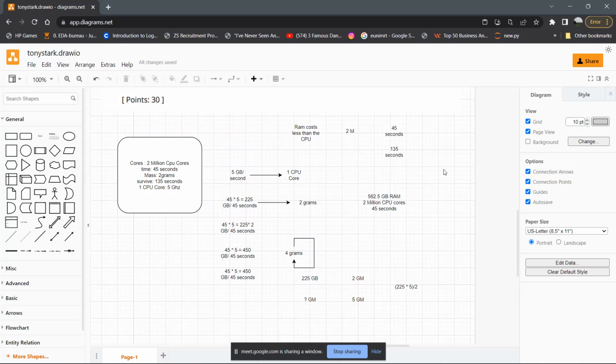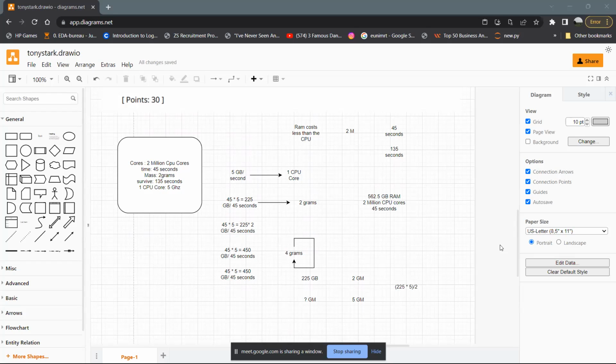So if I understand, it takes 45 seconds to process with 2 million, right? Yes. And you want to know how many can be processed in 135 seconds?